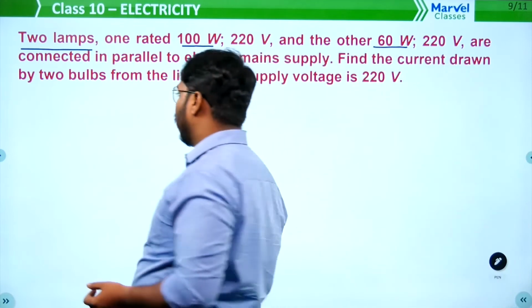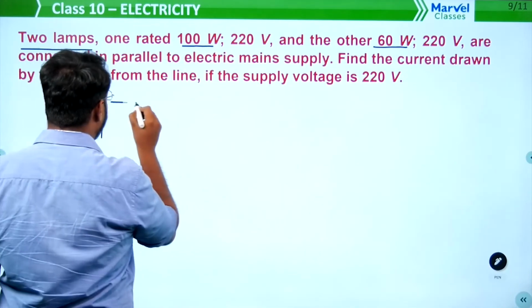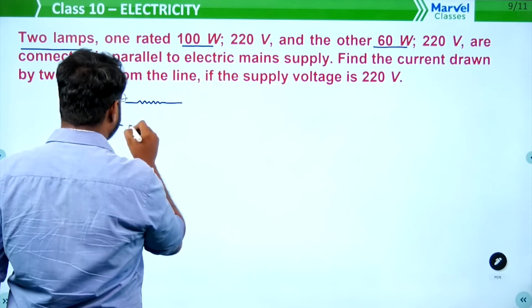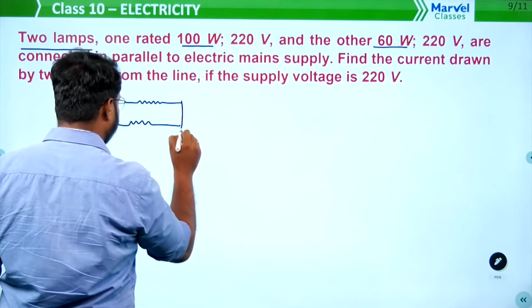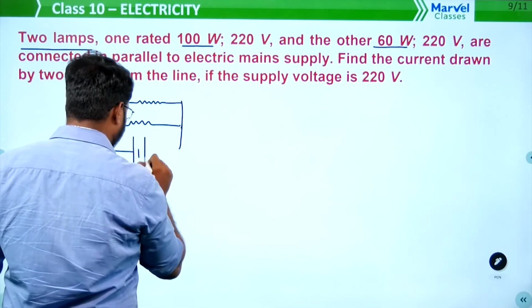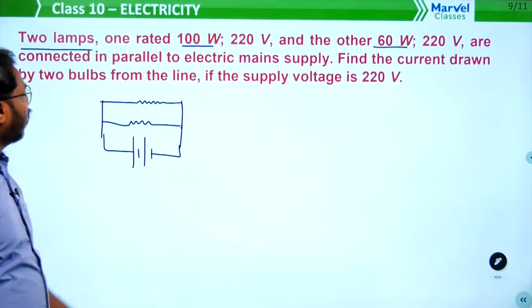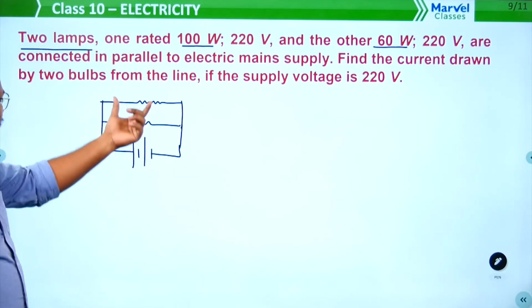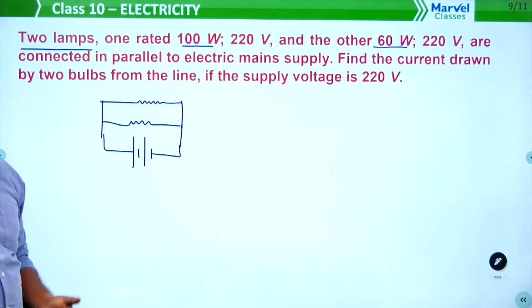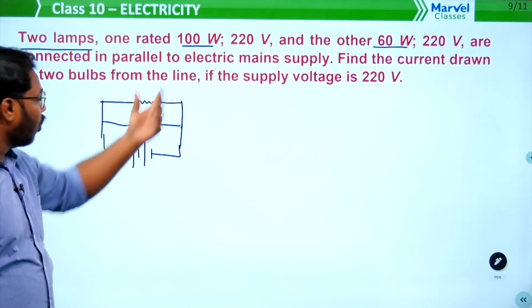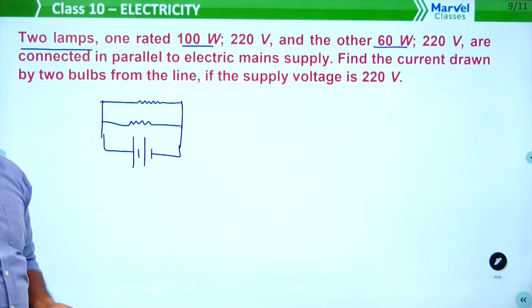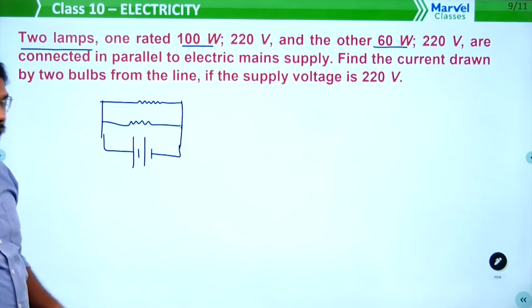See, they are connected in parallel. Just consider them to be two resistors connected across the same battery. Instead of giving the resistance of the material, they have given you the power. Okay, what does power mean?